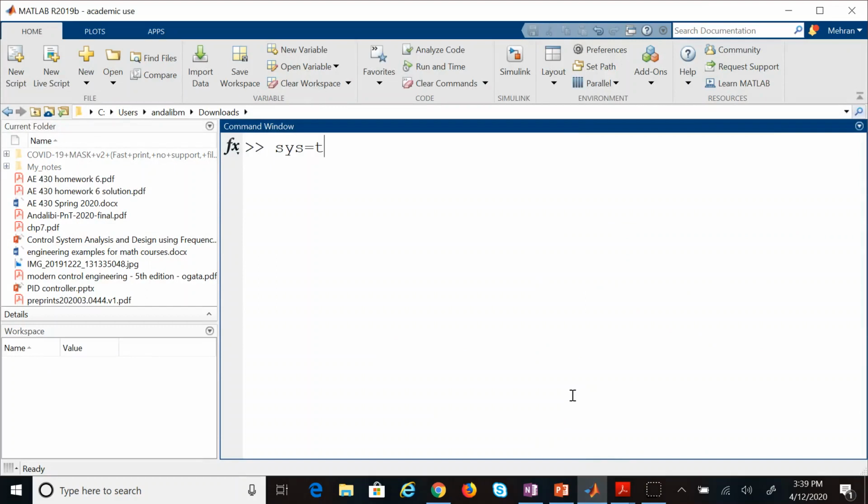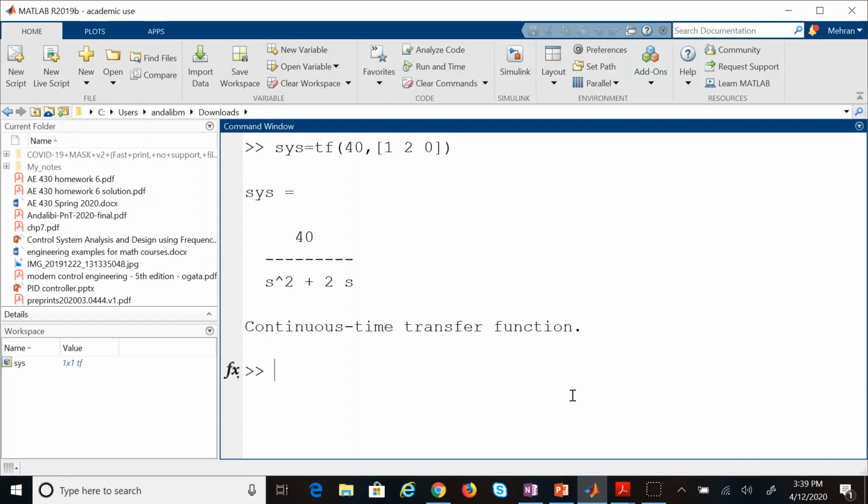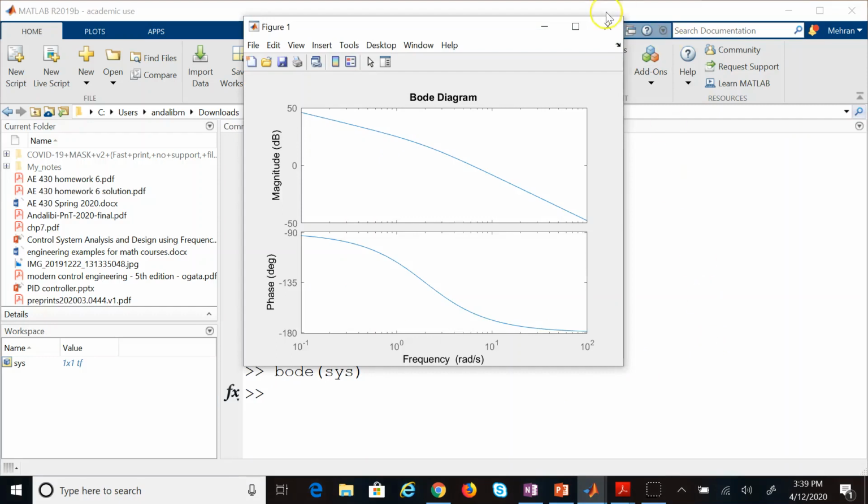We say system is a transfer function of numerator is 40 and denominator is S times S plus 2, which is S squared plus 2S plus 0 constant. Okay, so that's our system, and then we say give me the Bode plot of this system. And then we determine the phase and the gain margin from there.